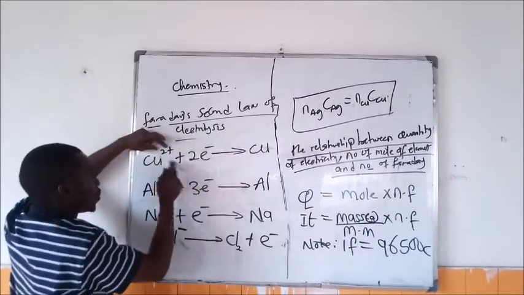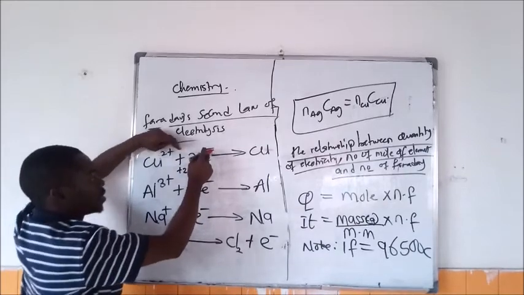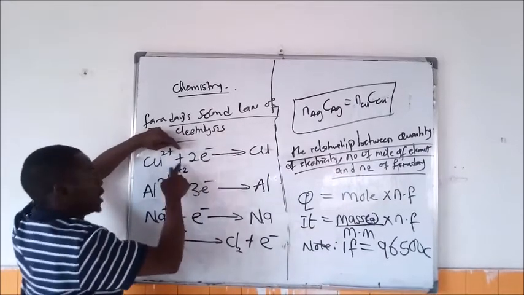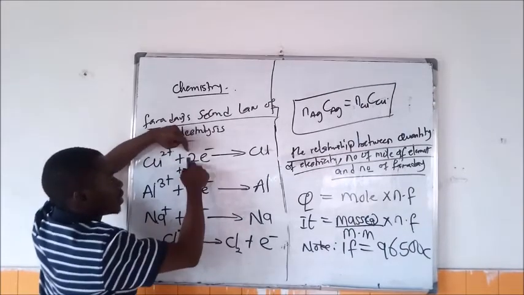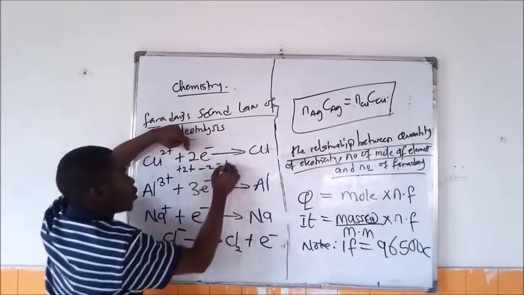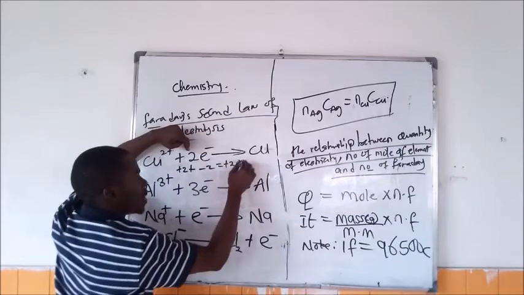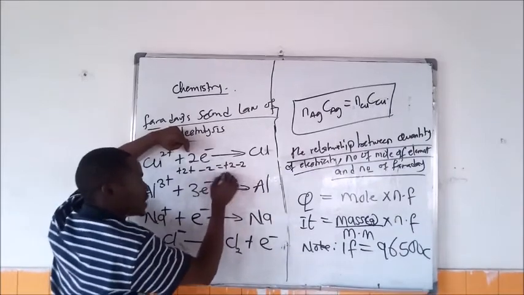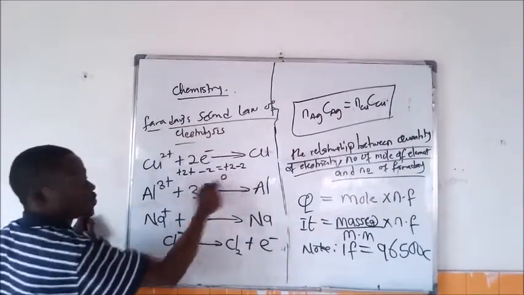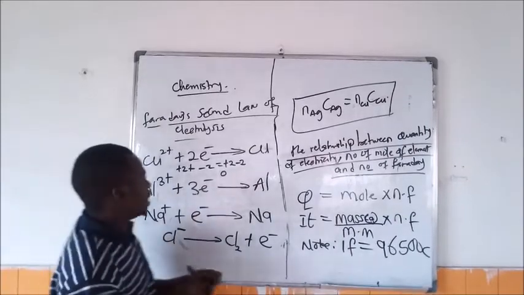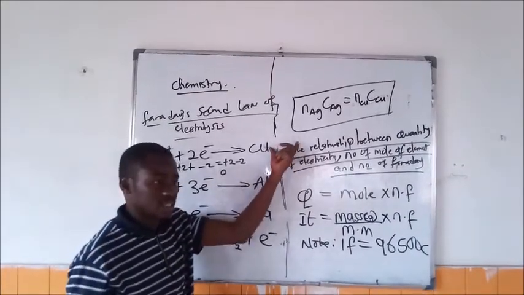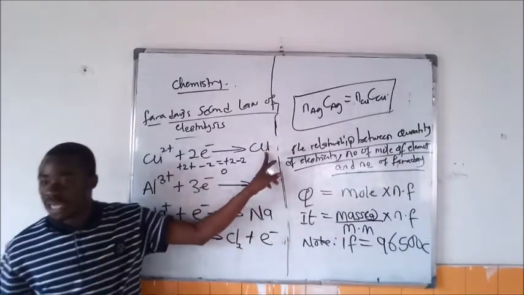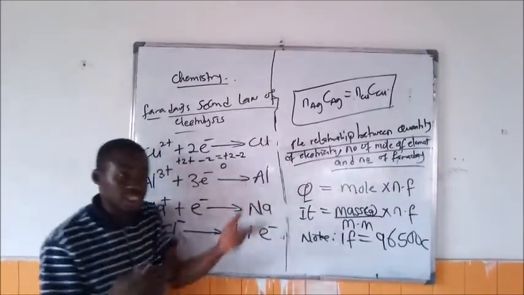Plus 2 and minus 2 will give you 0. And if you look at the right hand side, what is the total charge on the right hand side? 0. Nothing.